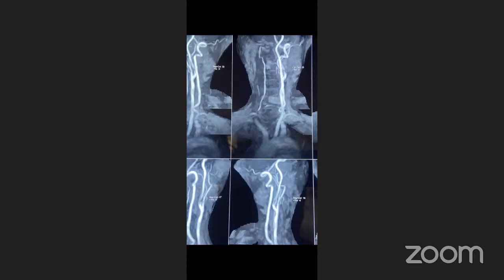Subclavian or ICA? Subclavian, sir. Why?